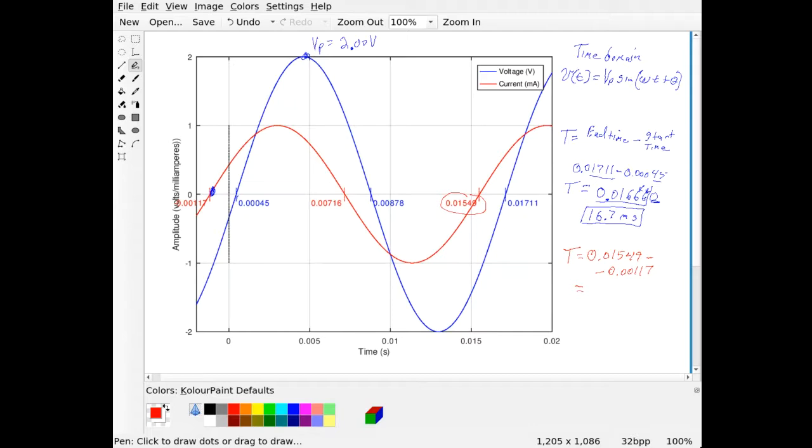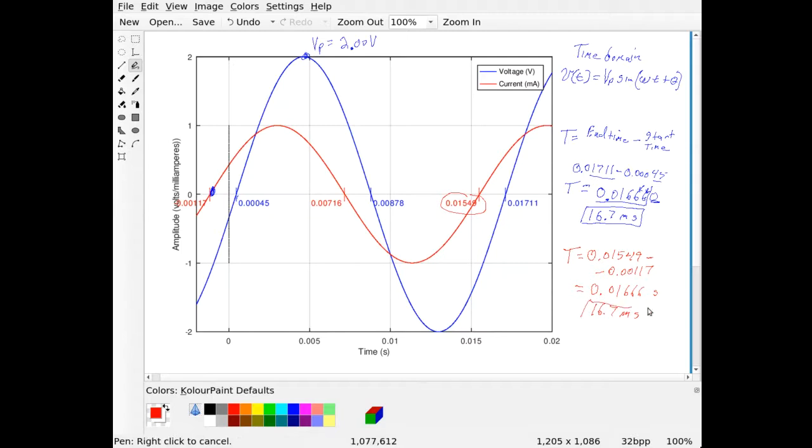I was just wanting to make sure, because of the values displayed, there may have been some round off, but I get the exact same 0.1666 seconds. So again, we would put that in as 16.7 milliseconds.